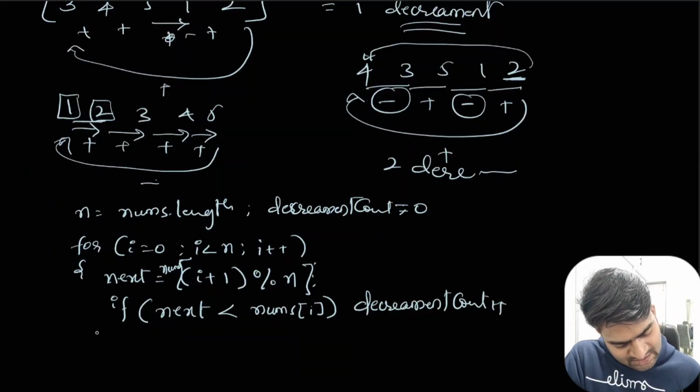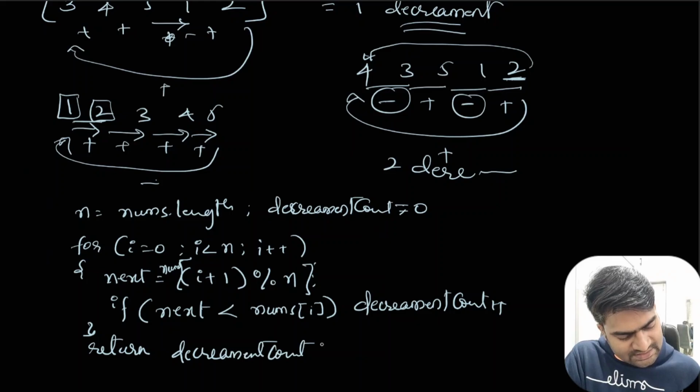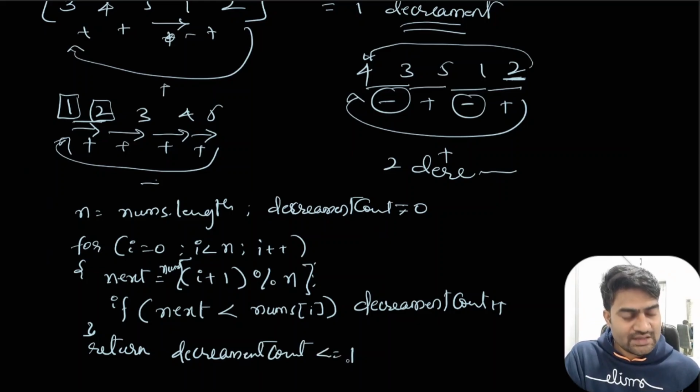Finally we will return decrement count less than or equal to 1. Why? Because there should be only one decrement that is happening. That's why we check it is less than or equal to 1. This way we will find whether an array is sorted and rotated in order of n time complexity.